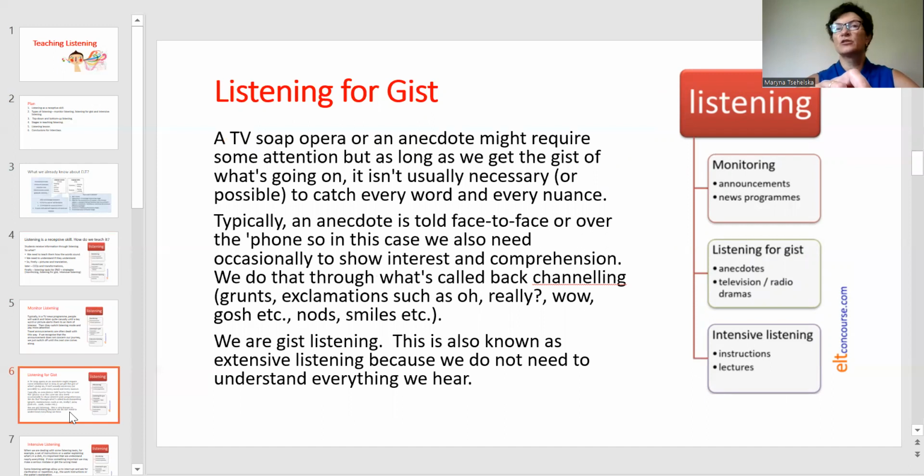However, you don't catch every word or every nuance. So you catch the gist, you catch the main information. In monitoring, you pick up only the facts you need. In listening for gist, you catch the information about the whole piece, but only the main information.